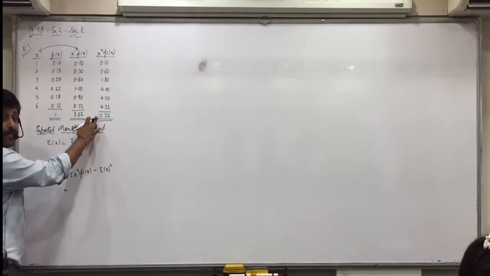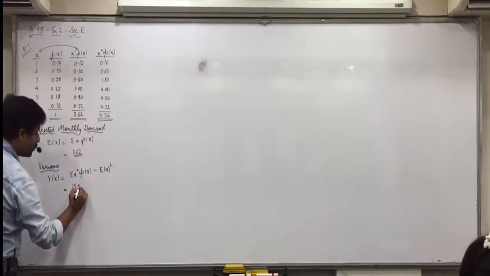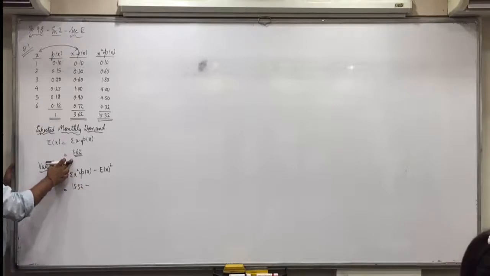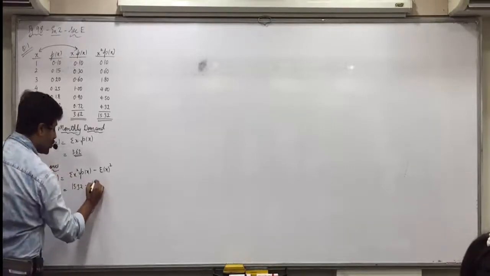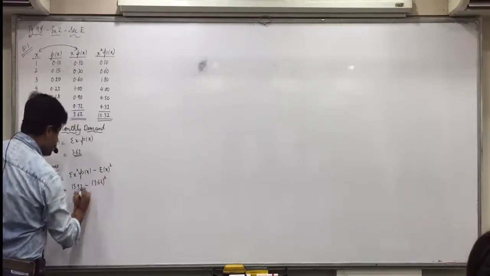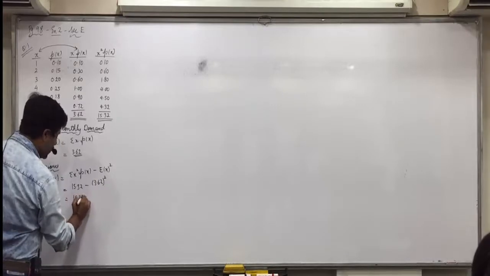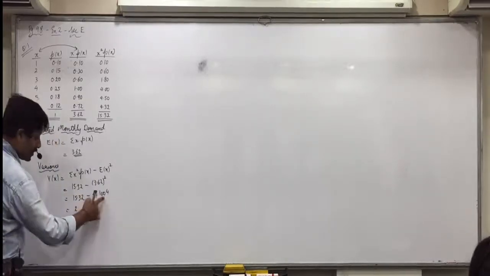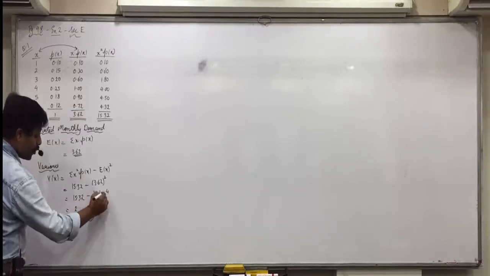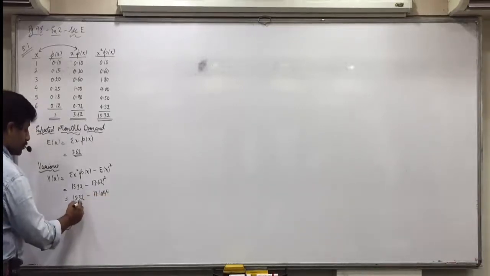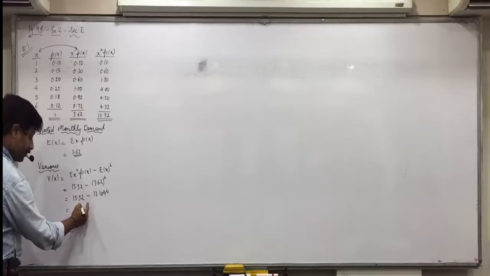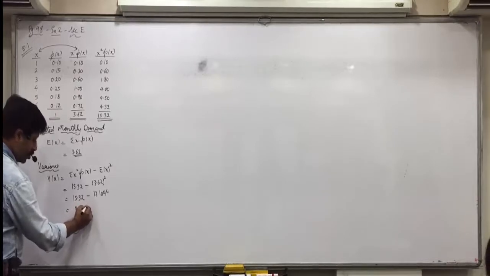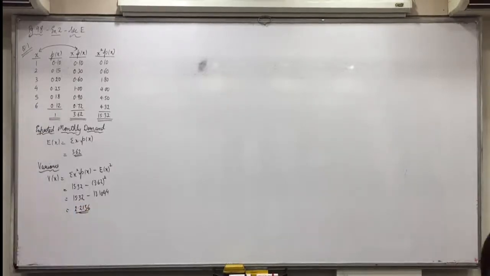Sigma x square px we have obtained 15.32 minus Ex we have obtained 3.62 whole square. 15.32 minus 13.1044, tell me 4 decimals. Then 2.2156. All are clear with this?